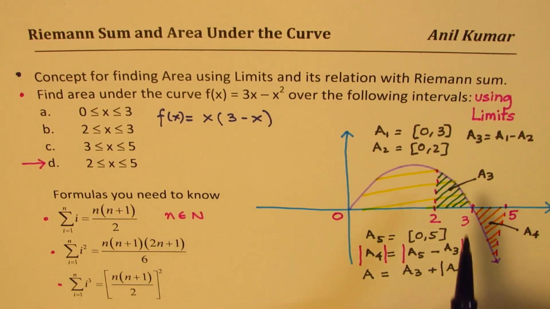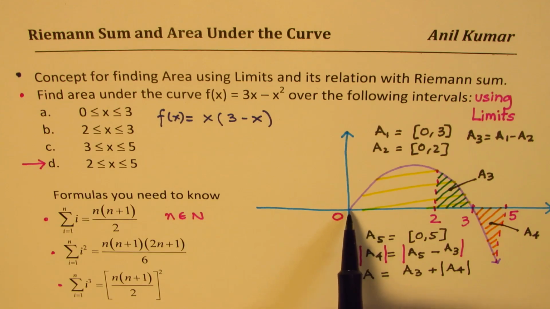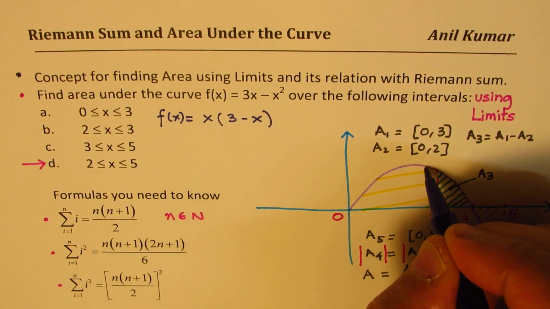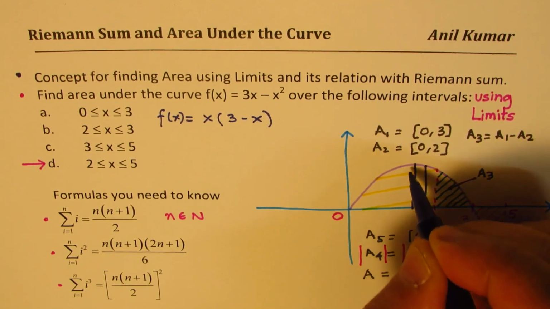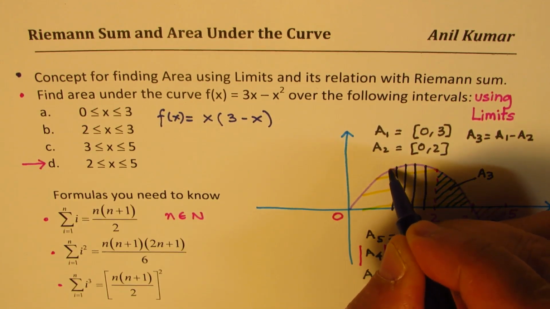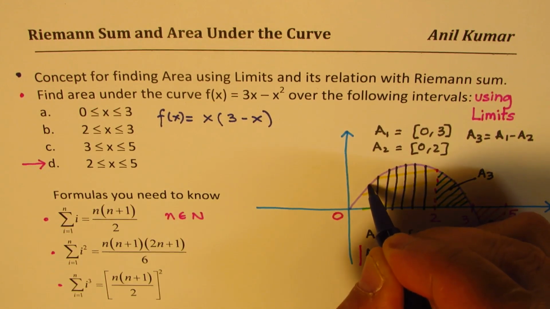So the foundation of using limits is kind of like this. Let us say we have this interval from 0 to 2. We are going to divide this into small portions, equally spaced. Do you see that part?